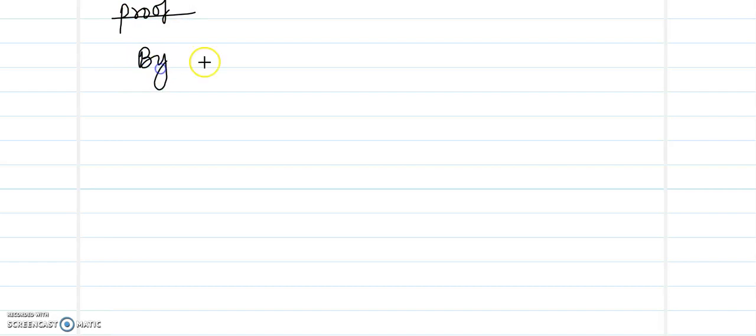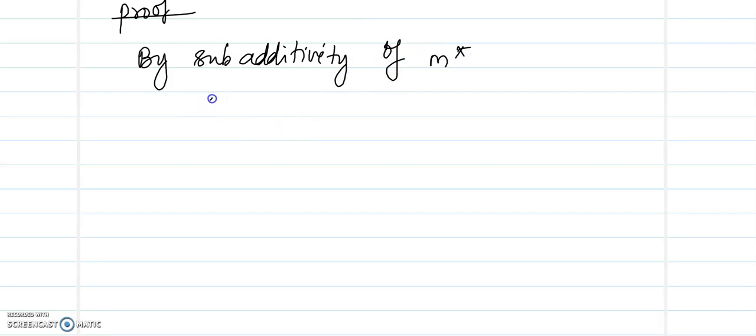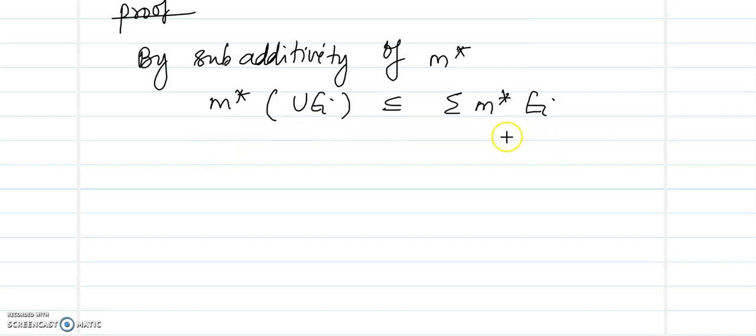Now by subadditivity of m star, m star of union E_i will be less than or equal to summation m star of E_i. Now all the E_i are measurable, and union E_i is also measurable, because script M is a sigma algebra and hence closed under countable union.